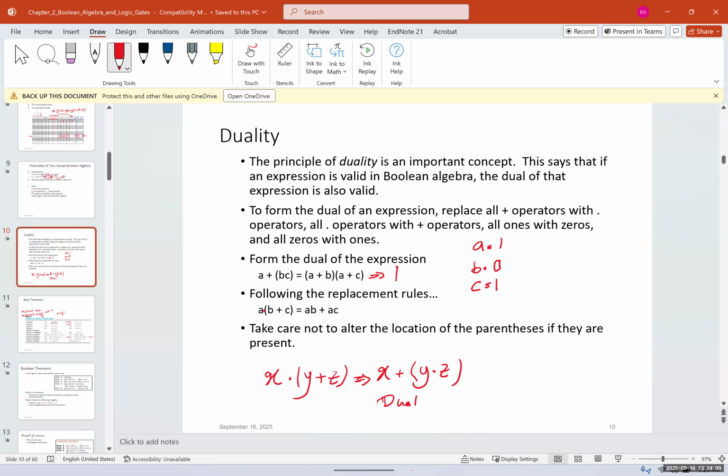It's going to be 1 plus 0 times 1, which gives us 1. What about here? What do I get? Again, it's going to be 1, 0, plus 1. And I'll solve more problems from the duality.